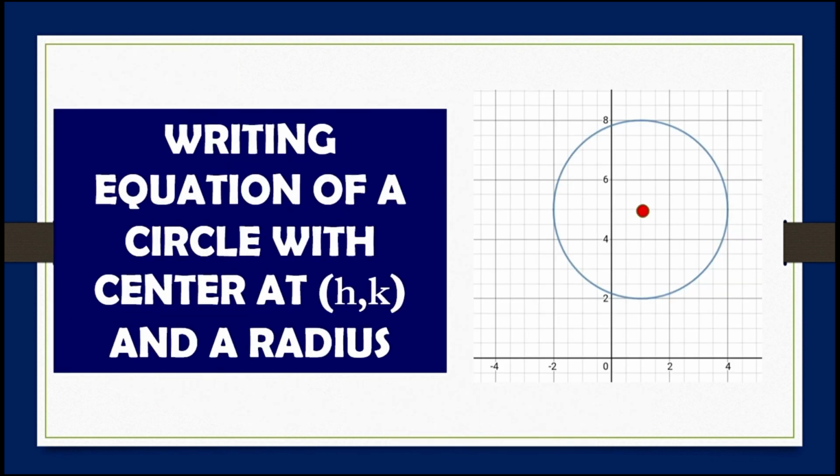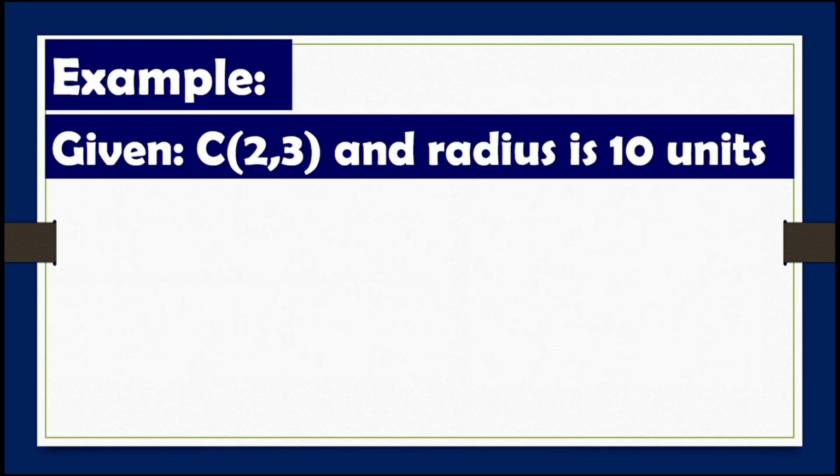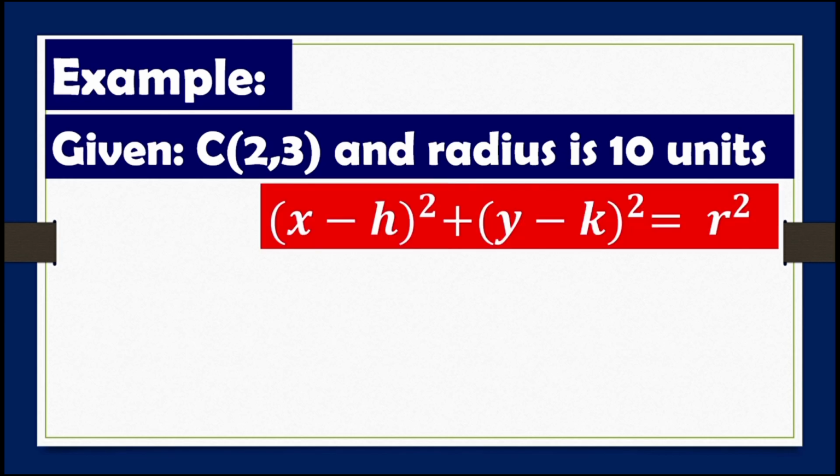Let's also write equation of a circle with center at (h, k) and a radius. Let's have our example. Given center with coordinates (2, 3) and radius which is 10 units. In this case, utilize our standard form quantity x minus h squared plus quantity y minus k squared equals r squared, where h is equal to 2 and k is equal to 3.